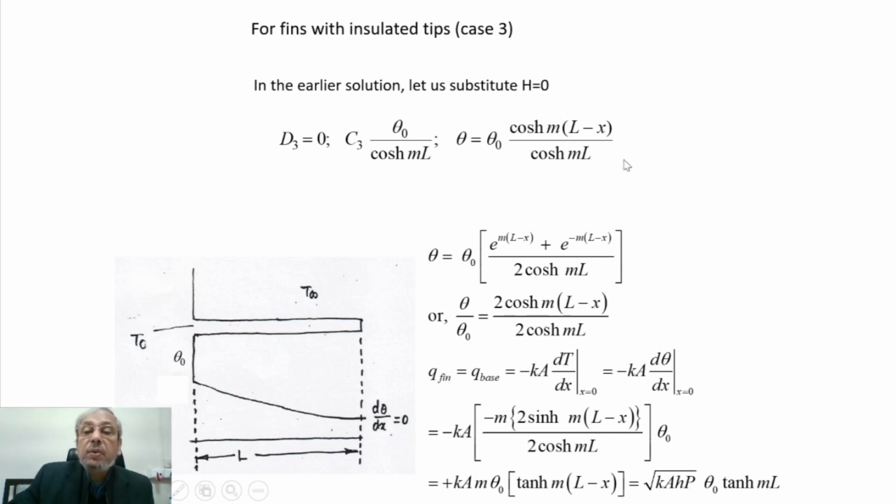From the previous solution, we get a special case where h is 0, and then we get the form of theta by theta naught. We differentiate d theta by dx, substitute x equal to 0, and we get this root over kAhP theta naught tan hyperbolic mL.